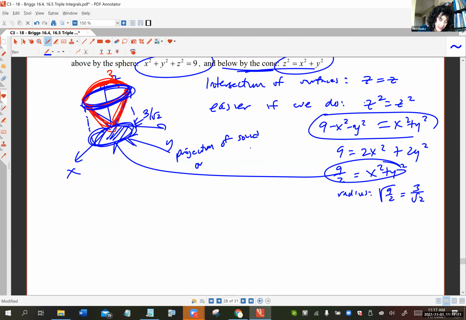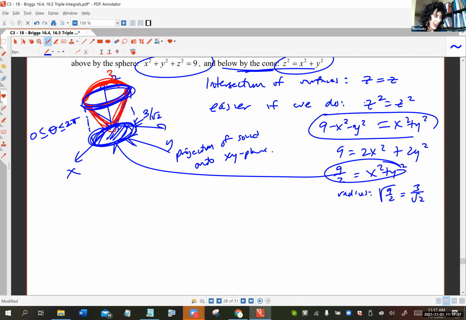And you need that because that helps you figure out what theta is doing. And I hope you can tell that since you're making a full revolution, our theta is going to be going between 0 and 2 pi. Nice. So now the hard part is what rho is doing and what phi is doing. Phi is really going to be the problem.